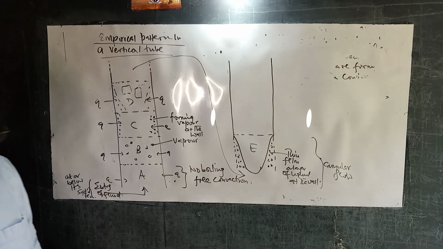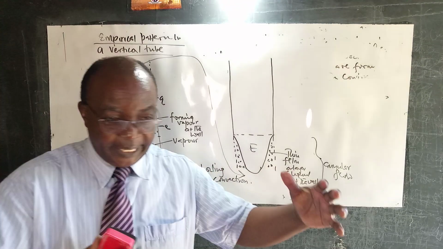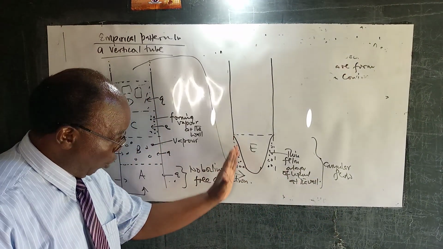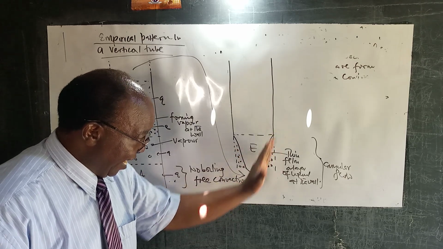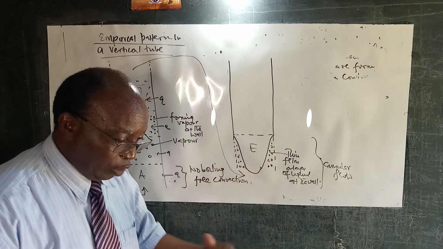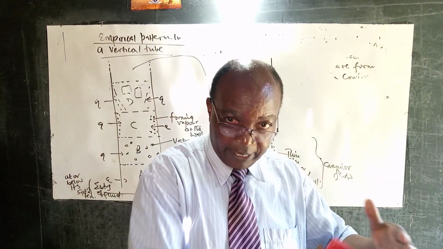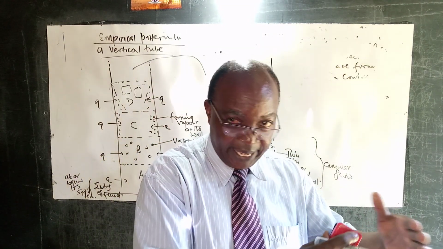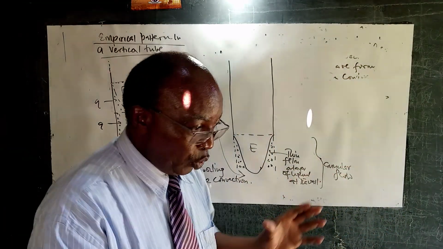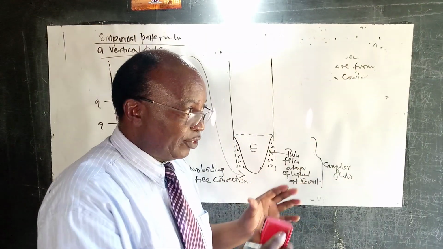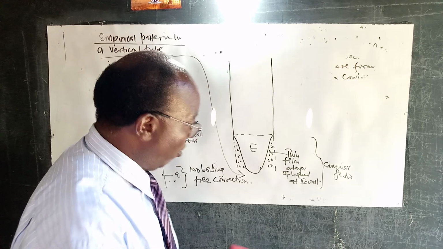Now, as you continue heating, this thin film, this layer of liquid, will continue thinning out, becoming thinner and thinner, and we transition into more vapor.